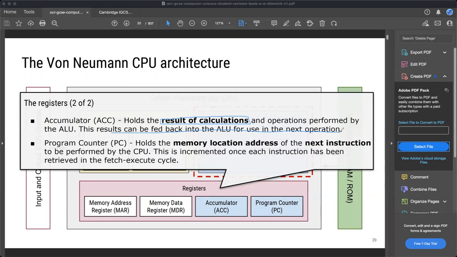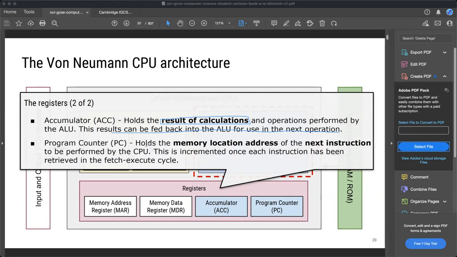Right? Accumulator stores the results of calculation performed in the ALU. Is that okay? Okay.